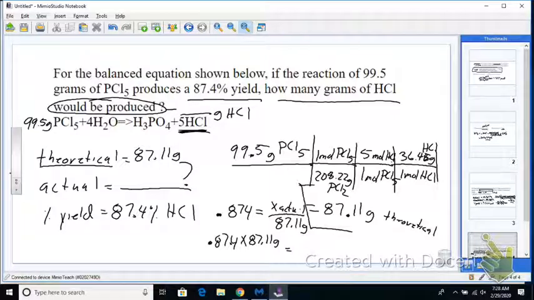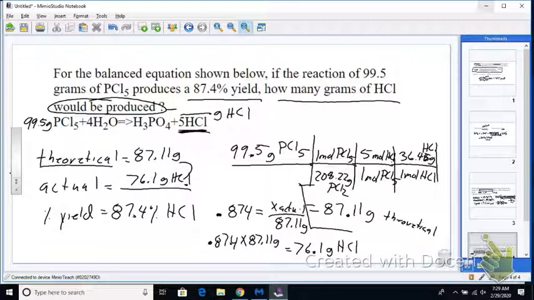So my answer is 76.1 grams of HCl. When you look at that, it says an 87% yield of the maximum of 87 can produce 76.1 grams.